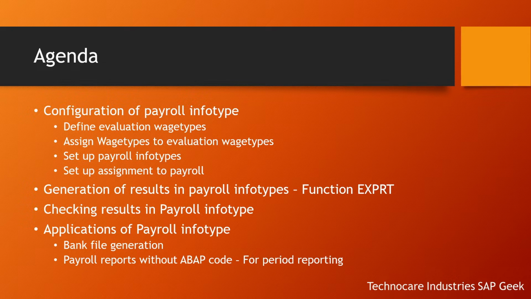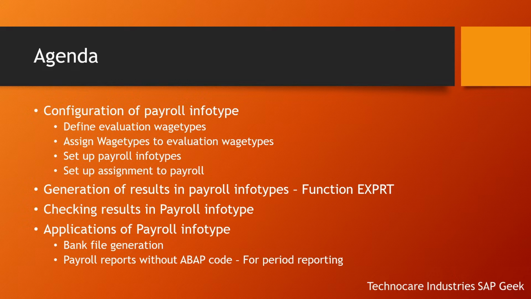So what do I mean by payroll infotypes? The data that will be generated in payroll results can be captured into an infotype, a customer specific infotype, and whatever data we need. Let's say we need the basic salary of the employee to be captured in a payroll infotype, that will be revised as and when payroll is executed.